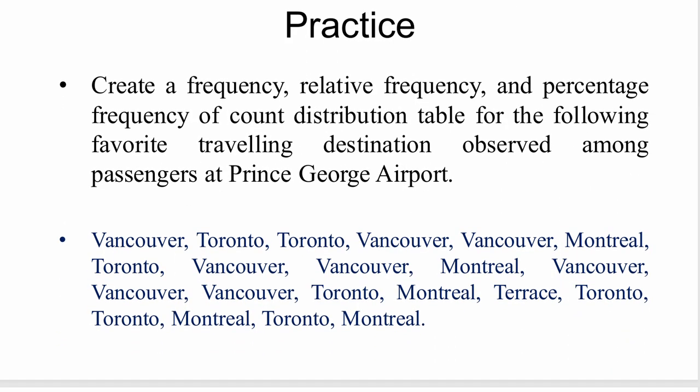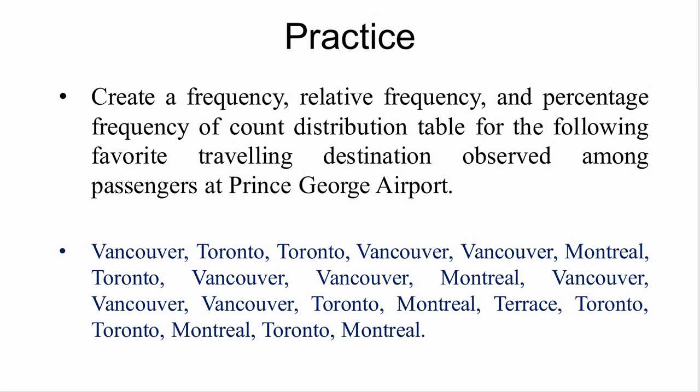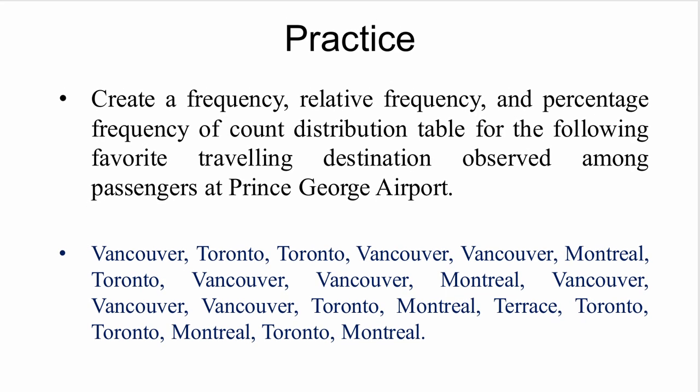Now I'd like you to pause the video and try your hands on this simple practice question here. In this example, what we are trying to do is create a frequency, a relative frequency, and a percent frequency distribution table.